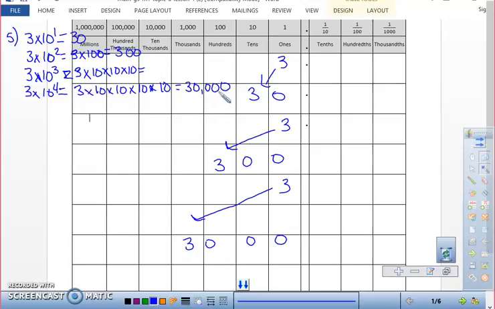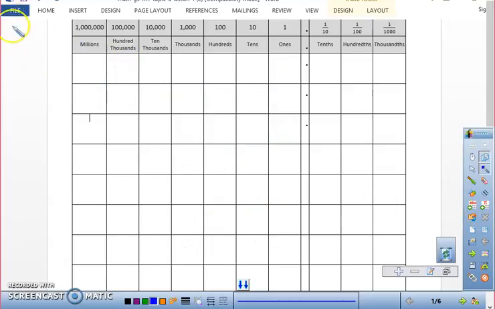Okay, let's move on, and we're just going to try to do number 8. On number 8, I have 8 times 10 to the fourth power. And 8 times 10 to the fourth power is the same as saying 8 times 10 times 10 times 10 times 10.